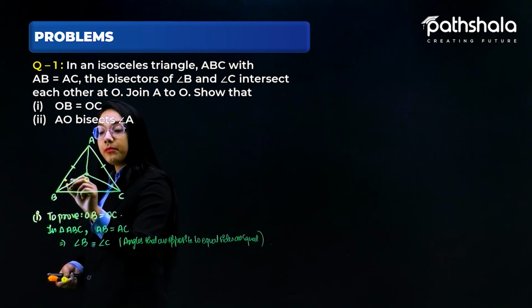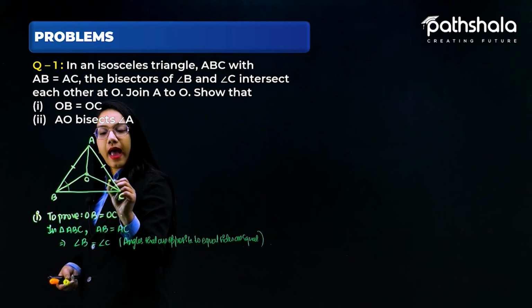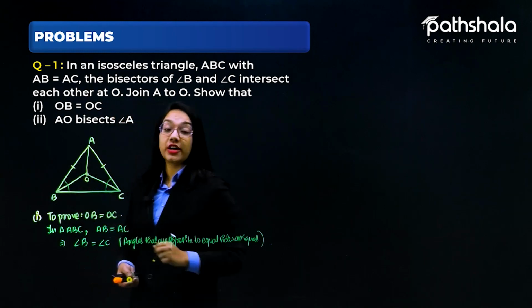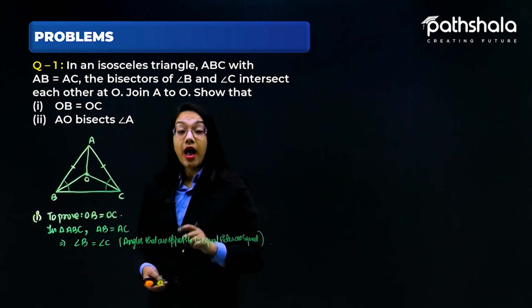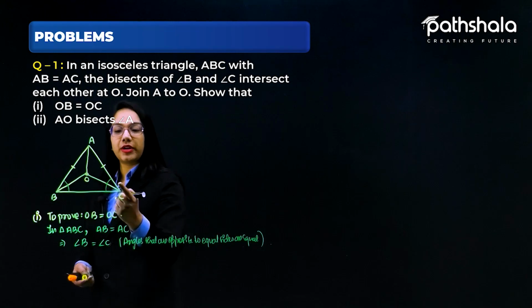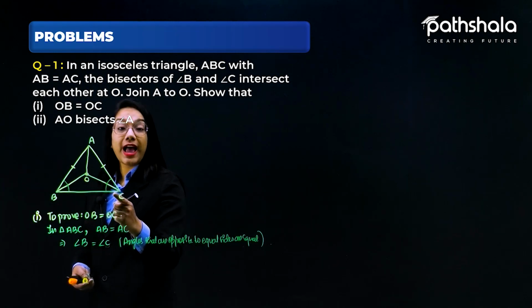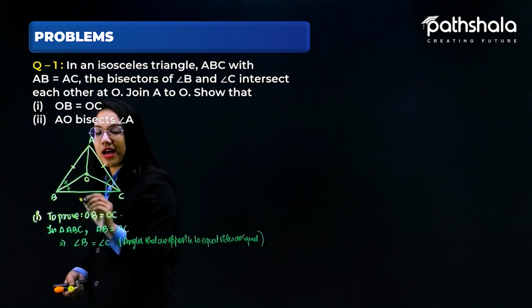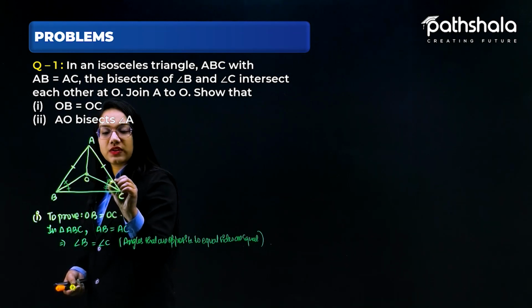If angle B is equal to angle C, furthermore we know that OB is the angle bisector of angle B, and OC is the angle bisector of angle C. It implies that this angle is equal to this angle, and further this angle is also equal to this angle.